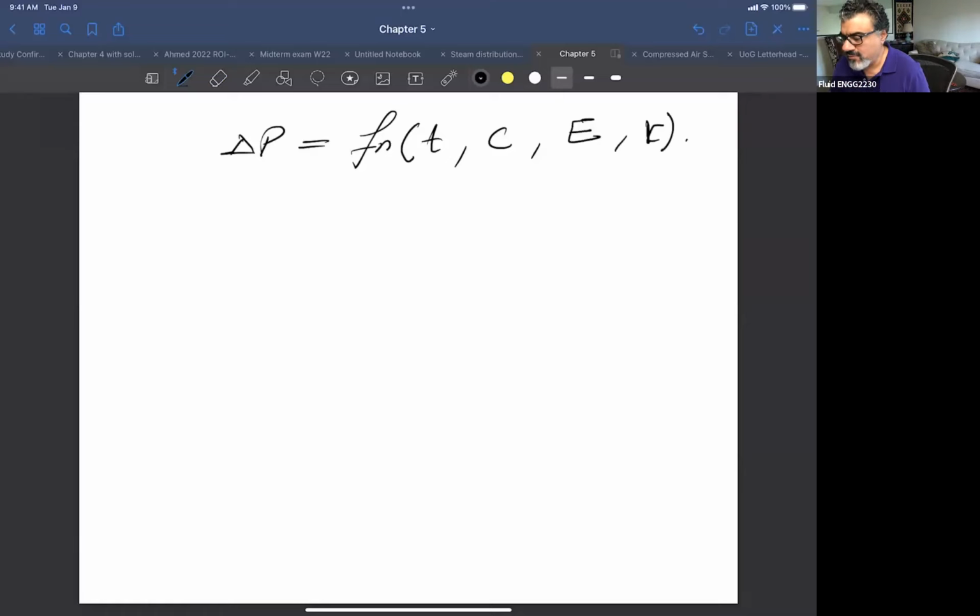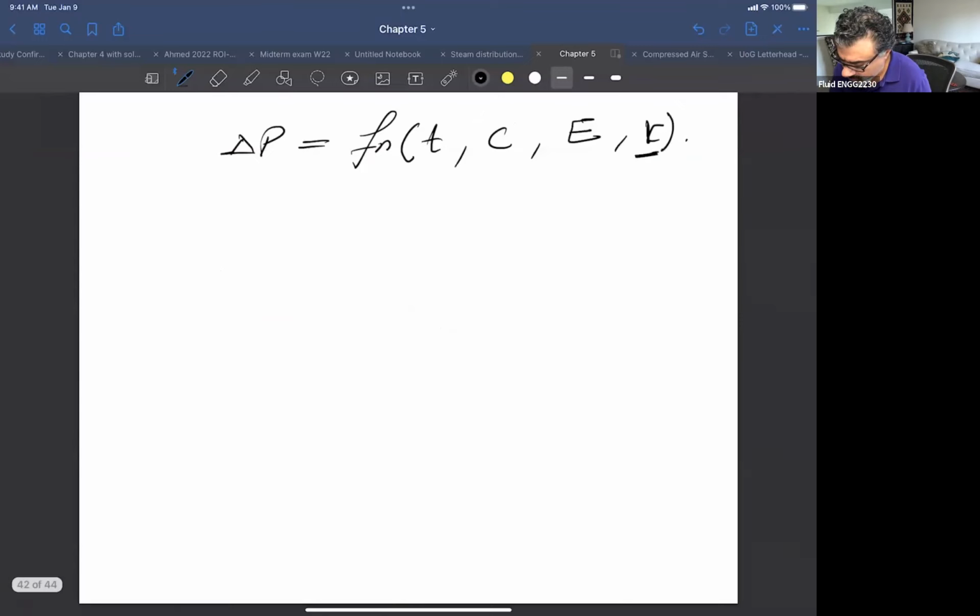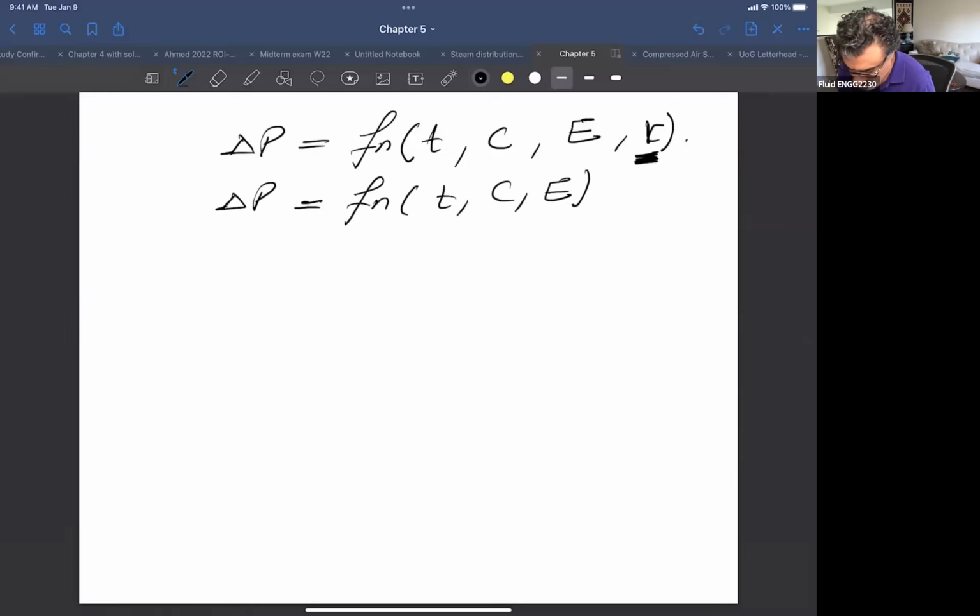So what else do I have here? Let's discuss this. Some people are saying we have to put the radius here, and some people are silent. My call is that delta P is a function of T, C, and E, and your call is to include the radius.